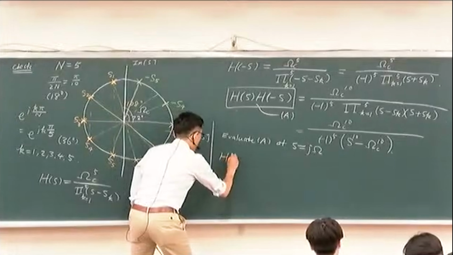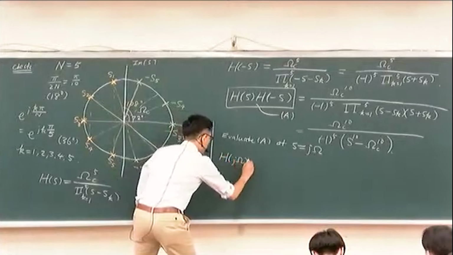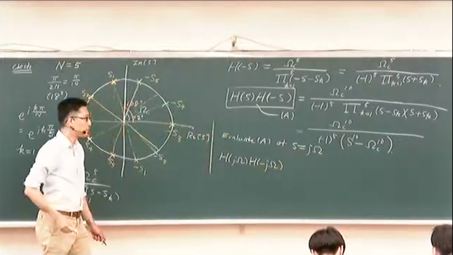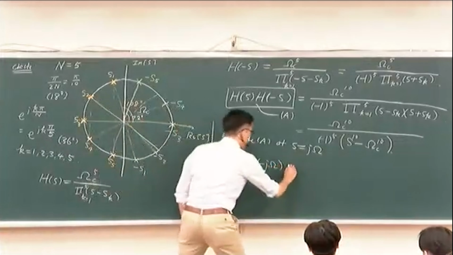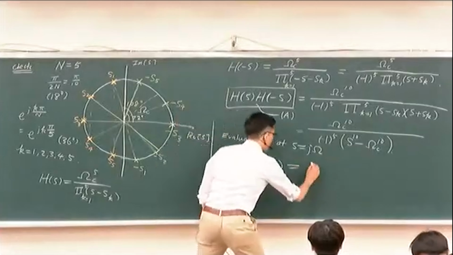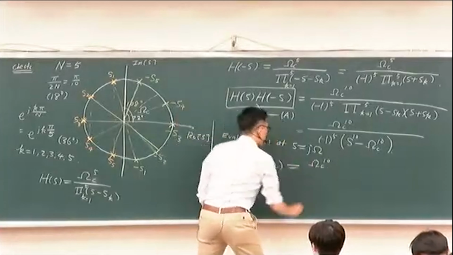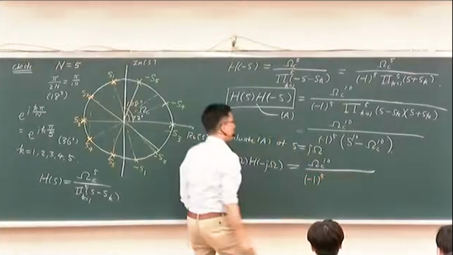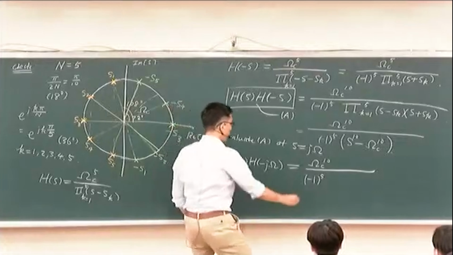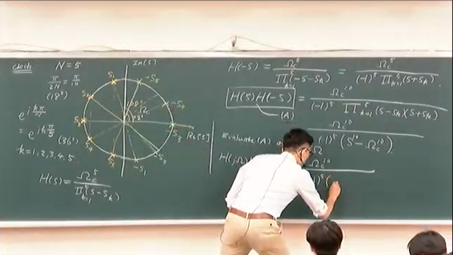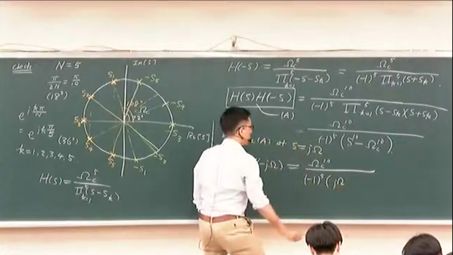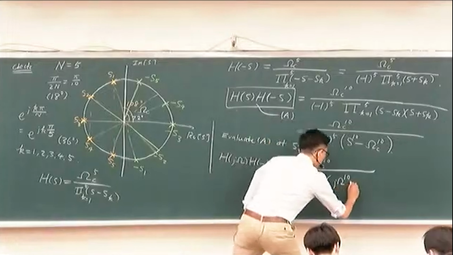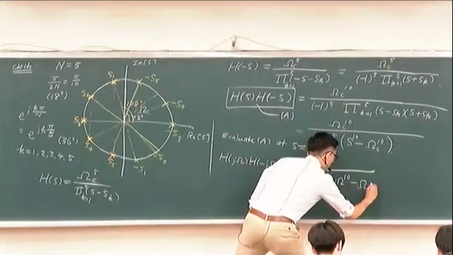We're going to evaluate this expression at j omega minus j omega. Then now it equals, I'm just going to copy this right here, minus 1 to the 5th power, j omega to the 10th power, divided by omega c to the 10th power.